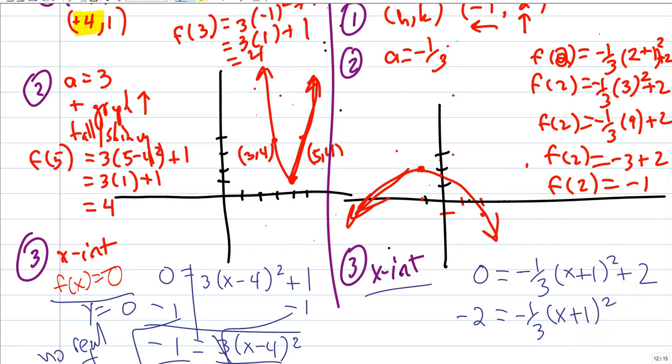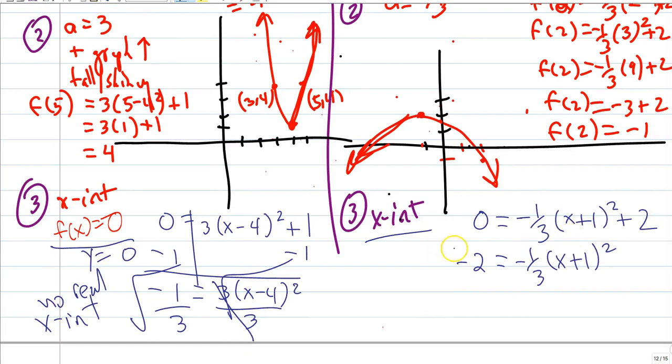Multiply by a negative 3. That's going to make the left side negative 6. The right side, negative 3 times negative 1/3 makes it positive 1. That should be a positive 6.